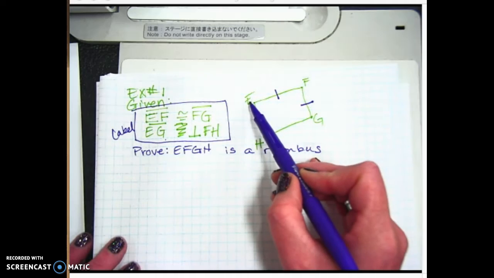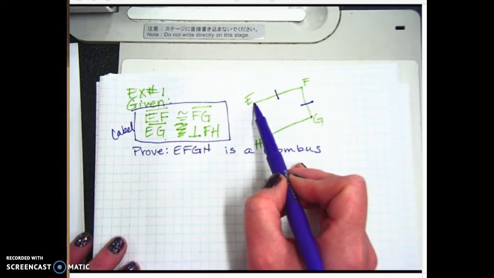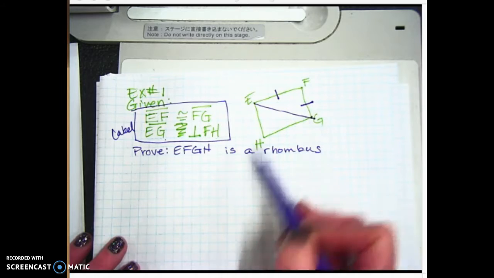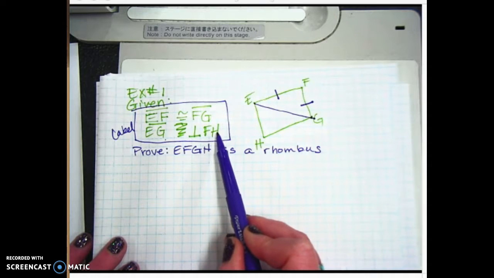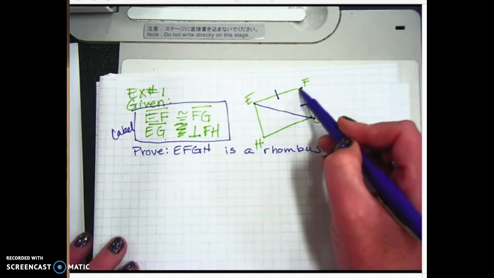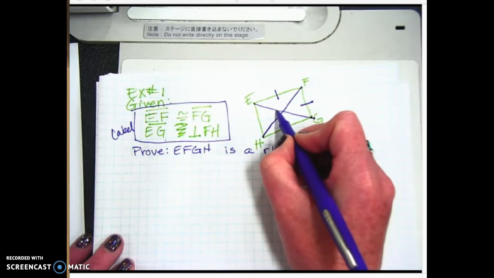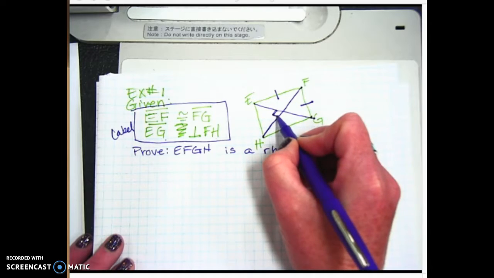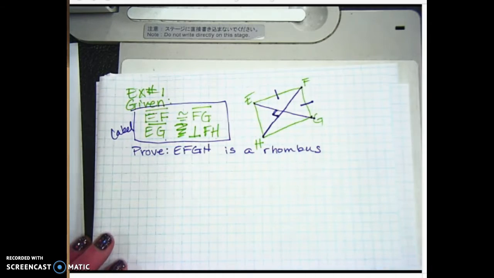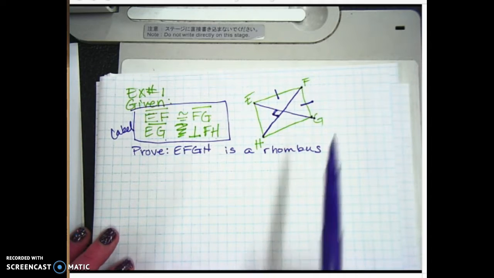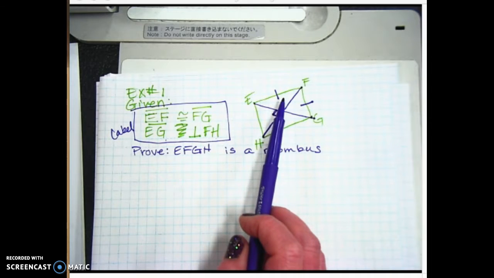So here's EG. Oh, let's connect them. They're giving us a diagonal that is perpendicular to FH. So I'm going to put the little box in there because they're perpendicular. I'm going to indicate to myself, okay, there's a right angle in there. It's 90 degrees.